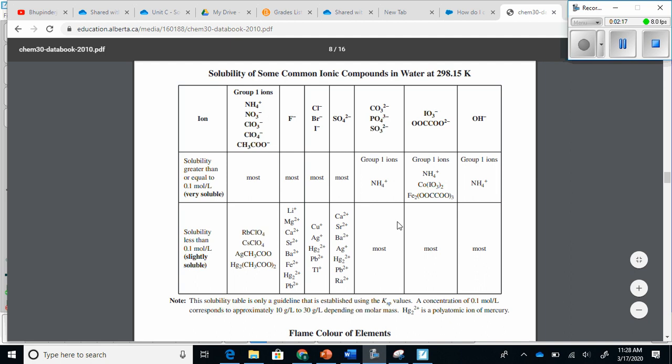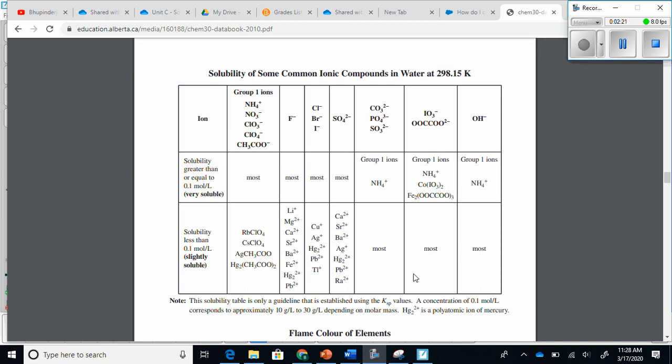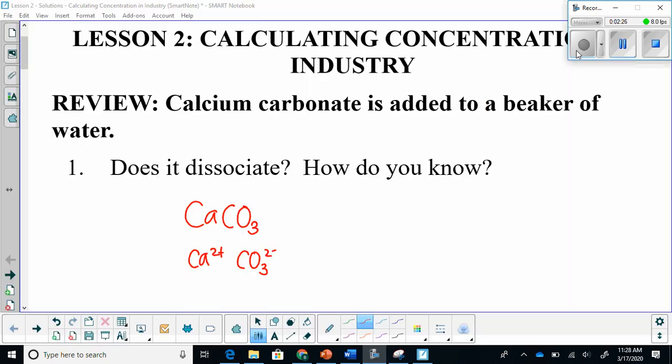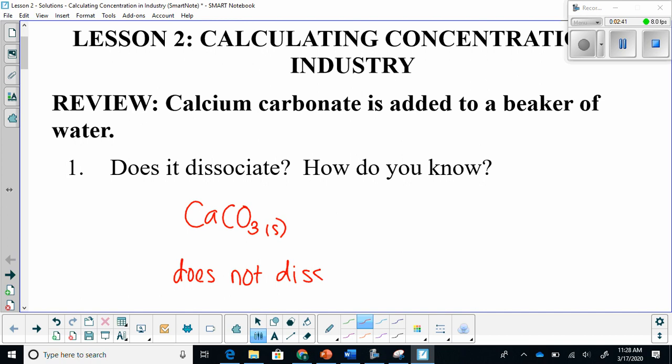It says most other ions, when they're reacted with carbonate, will be slightly soluble. So based on this information, we discover that calcium carbonate has low solubility. Because it has low solubility, it will not dissociate. So: does not dissociate because low solubility.